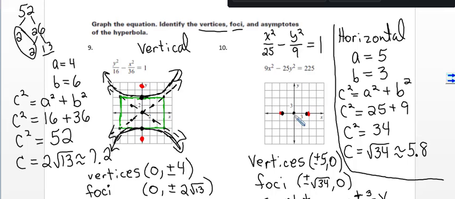So starting at 0, I go up 3 and over 5. Let's see. Up 3 and over 5. It's easier than it looks here. 1, 2, 3, 1, 2, 3, 4, 5.